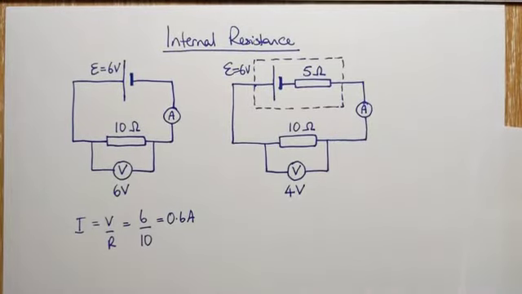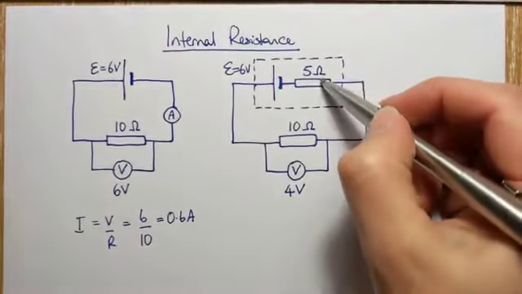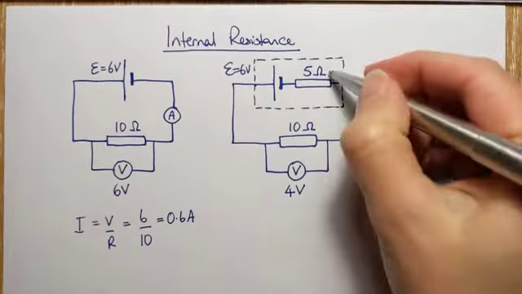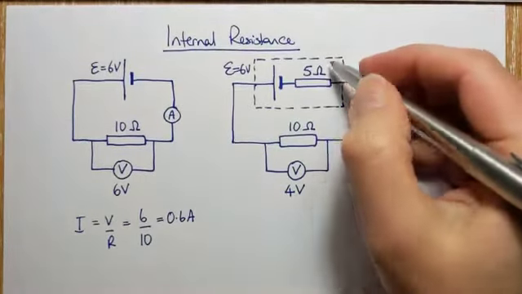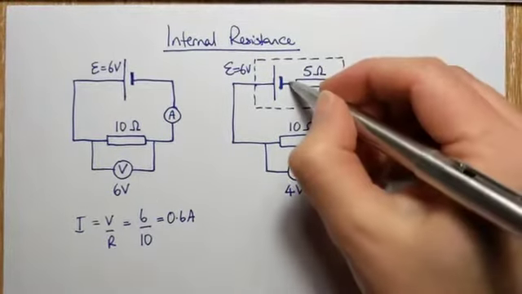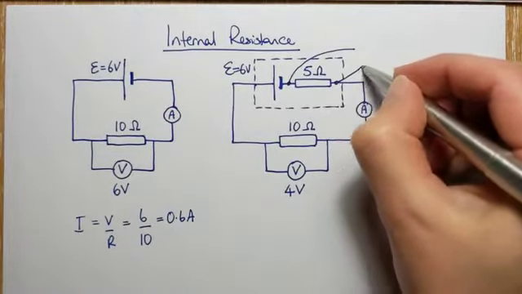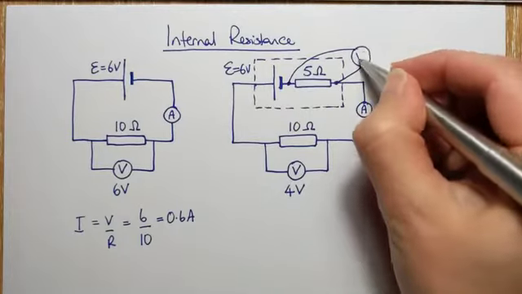So in fact, it can't get the full 6 volts. And then the resistor that doesn't really exist, the inside of the cell, that one there, is going to get 2 volts. So you can't do this, but just pretend that you could. Imagine if we did attach a voltmeter across the inside.